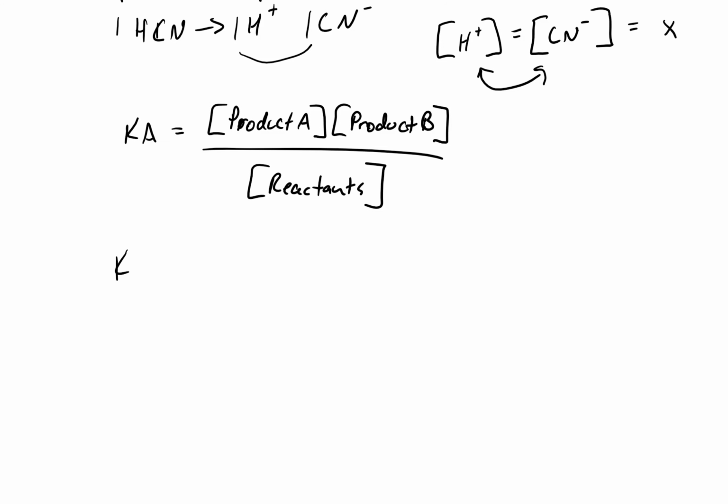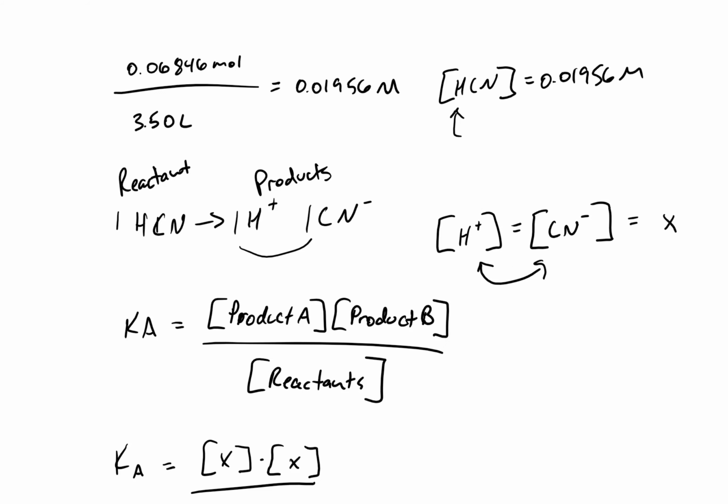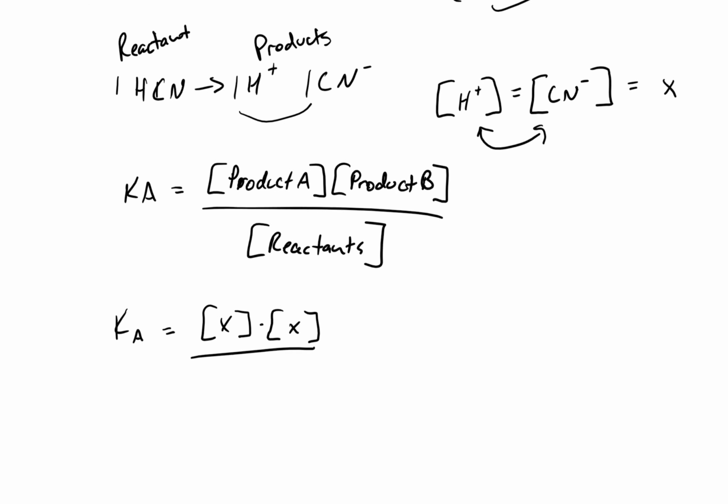So our Ka is going to be equal to x times x divided by the concentration of our reactant, which from up above is 0.01956 molar.